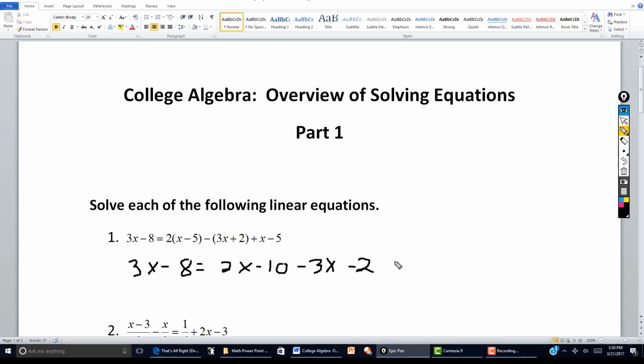And then the rest stays the same, plus x minus 5. And then we want to collect terms. Obviously the left side is going to stay the way it is, 3x minus 8.